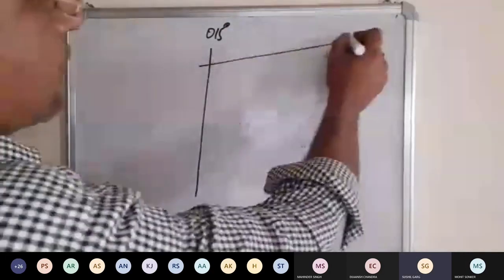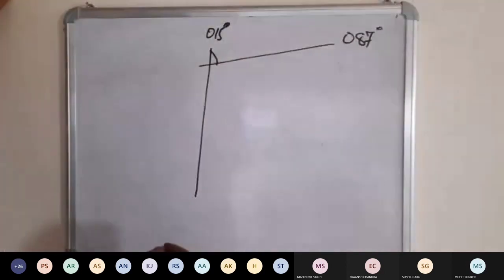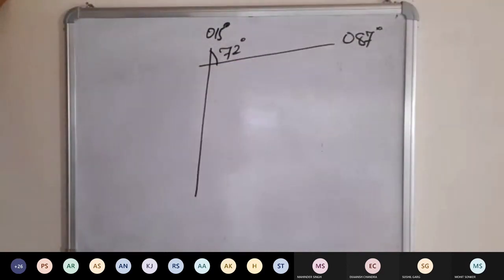The final course is 087. How much is the angle of alteration? 72 degrees. We do the planning. What is the condition given? Is it a radar object or an imaginary point?